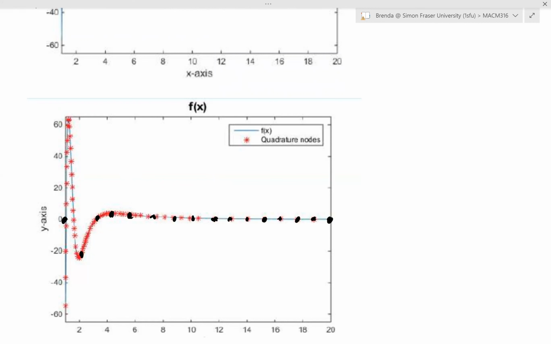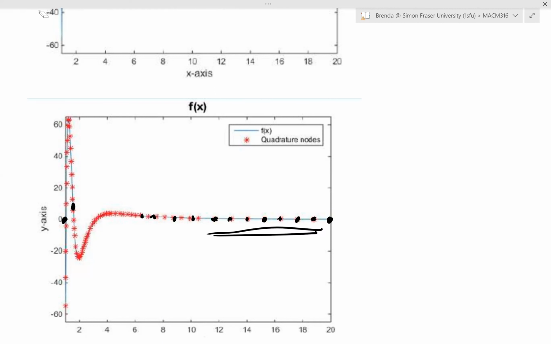Each time you're going in half, and at that point, right here, your area calculation is within the given tolerance. So you stop with that part of the program, and then you go here, going in half here and here, and here, here, here. And as soon as you get where you want to be, you stop.